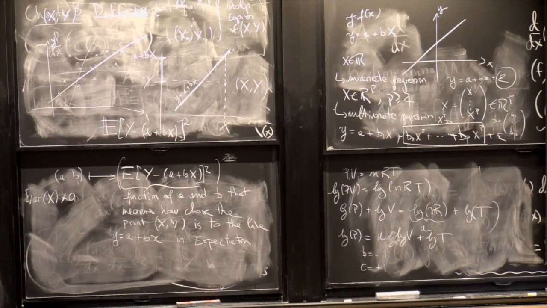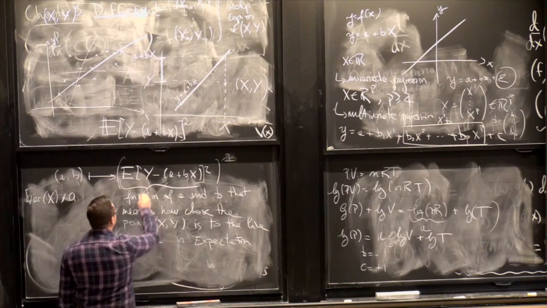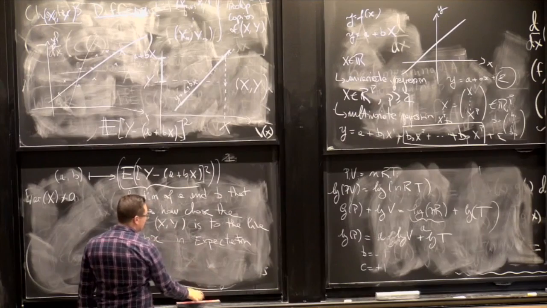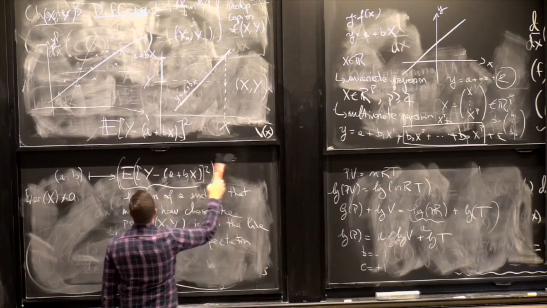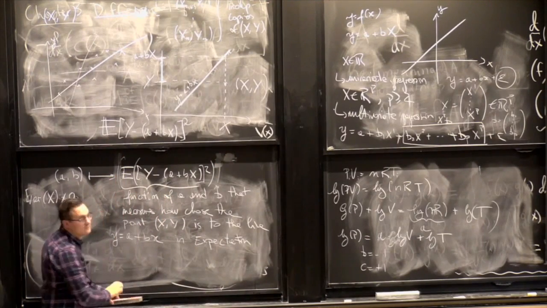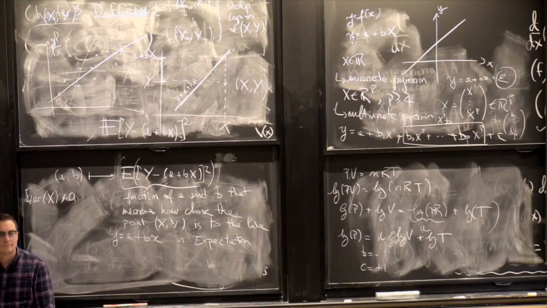Do you want me to put an extra set of parentheses? Yeah, it's just confusing. The expectation of the square, sorry.